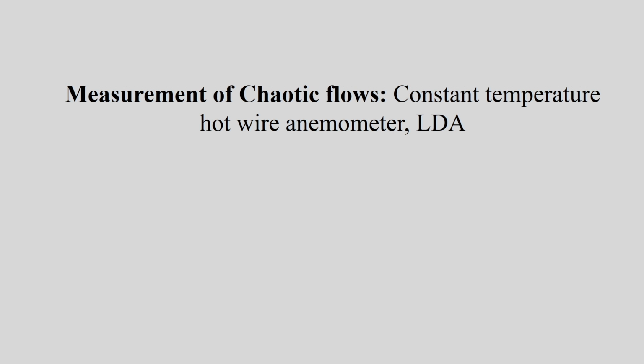In fact, if we try to recall, these two measurement techniques, that is the constant temperature hot wire anemometer, that is thermal anemometry, as well as the laser Doppler anemometry, we have discussed in the context of flow parameter measurement in the previous classes.